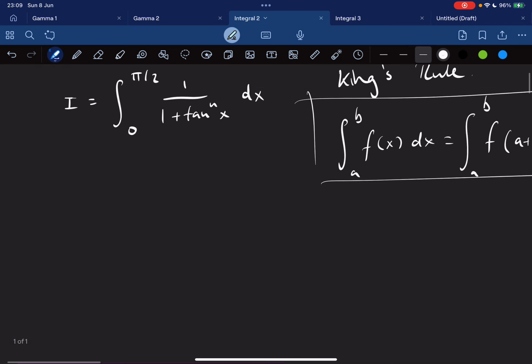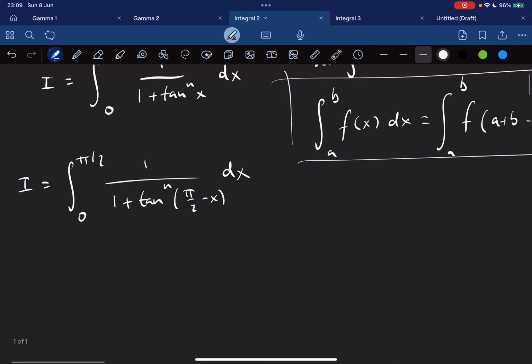Let's see what happens. That means we'll have I is equal to the integral between 0 and pi over 2 of 1 over 1 plus tan to the n of pi over 2 plus 0 minus x. And that's really good.